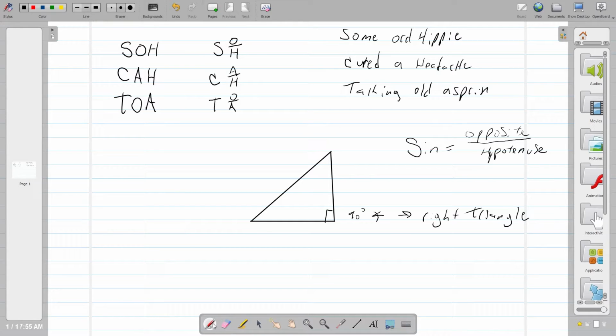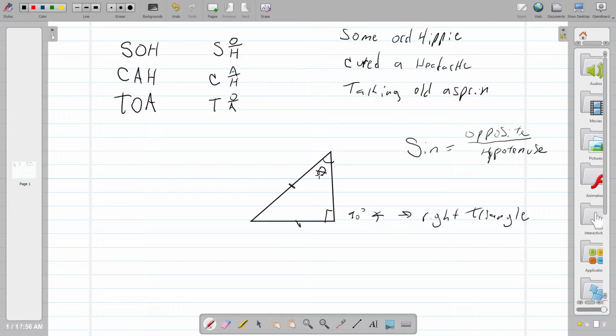It depends where you're at. So if your theta is here and you want opposite over hypotenuse, it would be this one over the hypotenuse. Remember, the hypotenuse is always the one opposite of the right angle. You can think of it as the longer one, but sometimes it's hard to tell which one's longer. Just remember, it's the one opposite of the right angle. That's the hypotenuse.